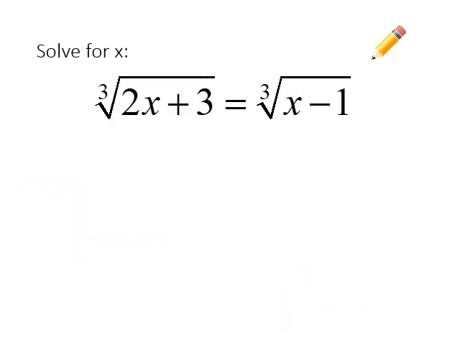Example 2. This time, both sides have a cube root. I have nothing outside of those cube root symbols, so I got the cube root symbol alone. I can now cube the entire problem.